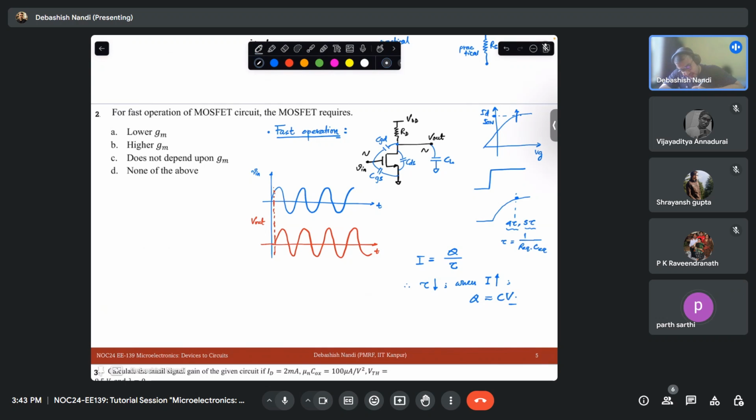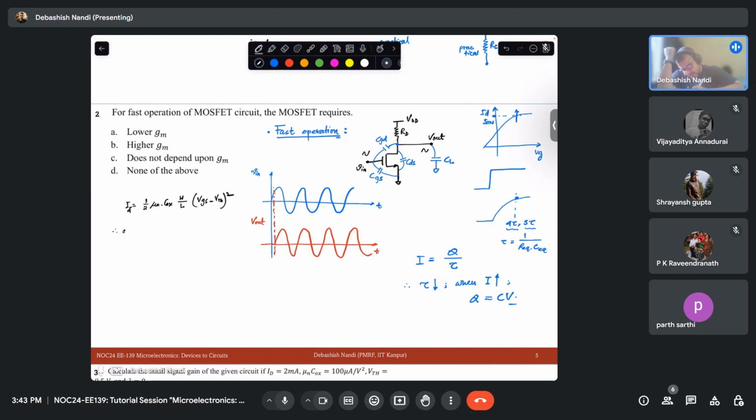So basically, what is your I, let's say in saturation? Half mu n C ox W by L, VGS minus VTH square. Let us ignore the channel length modulation.